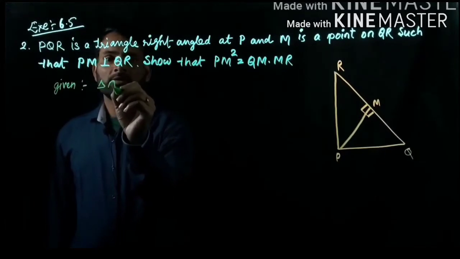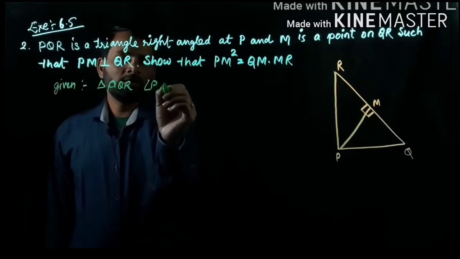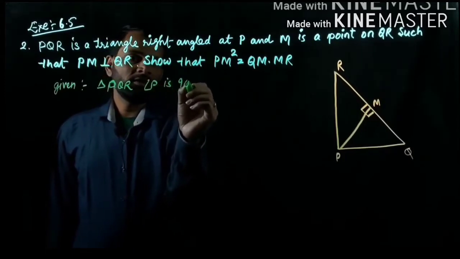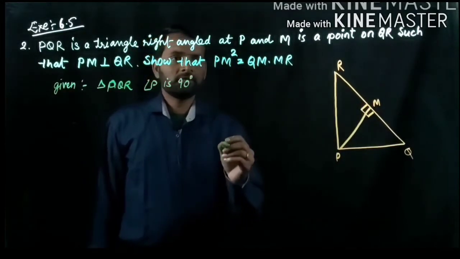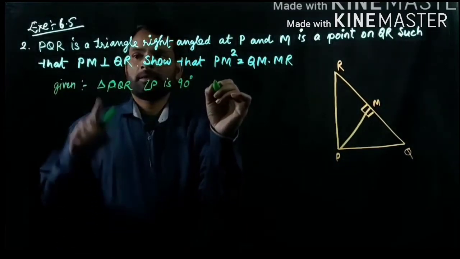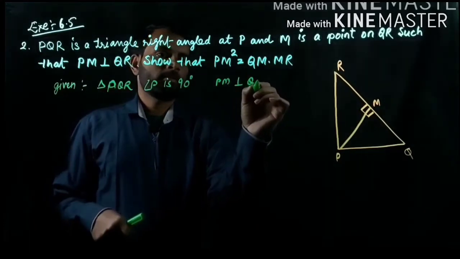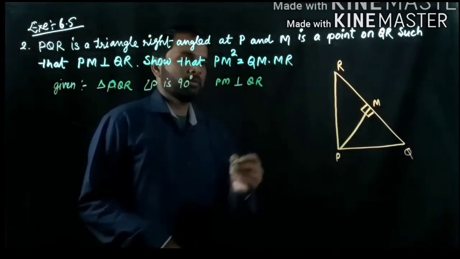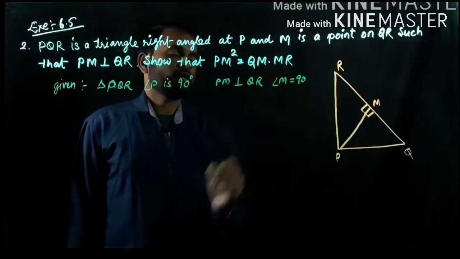Now it is given in triangle PQR that angle P is 90 degrees. Second, it is given that PM is perpendicular to QR. It means the angle at M is 90.